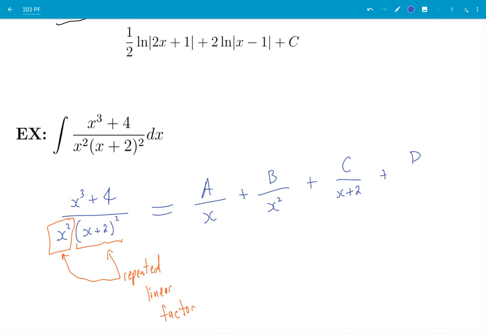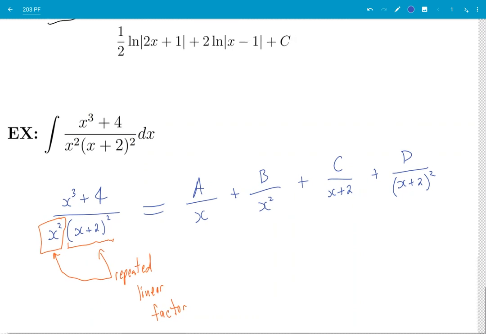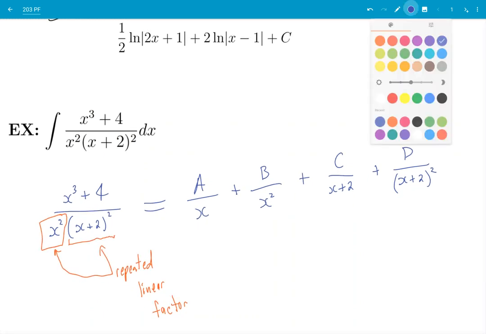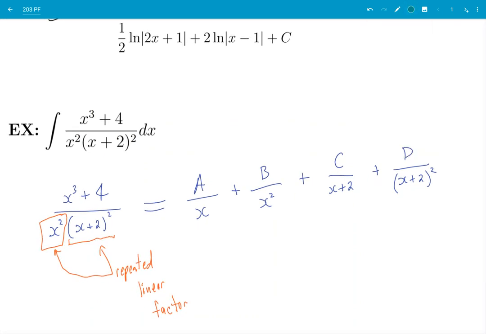So we're going to need 2 letters. There. Now, I'll just say it. If this were a 3, then I would have another term over here.